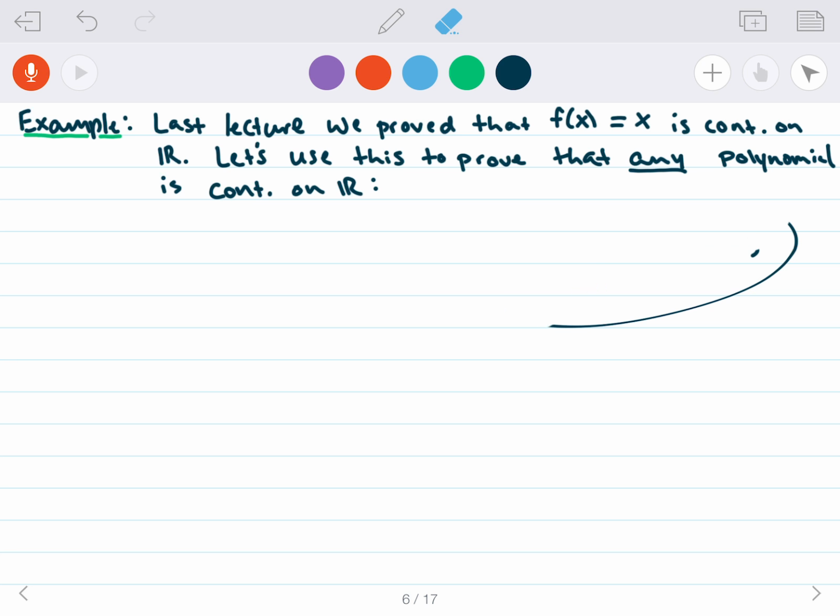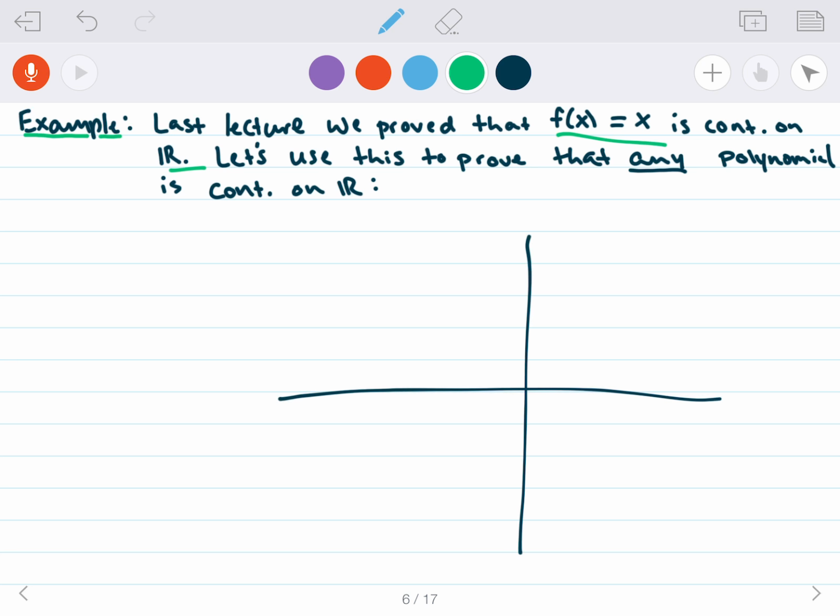Well, last lecture we showed that the function f of x equals x is continuous on the reals. And we all know this from our life in math. We know that this is continuous. It has no breaks, holes, or anything like that. And let's go ahead and use this hypothesis that this is continuous, from what we proved last time, to show that any polynomial is continuous on the reals.